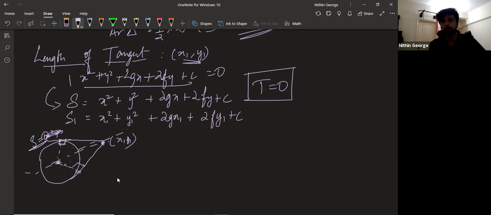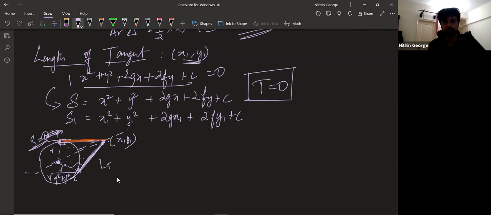Now you get 2 congruent triangles. This will be the radius, that will be root of g square plus f square minus c. Length of the tangent is this length. This orange part will be the length of the tangent.